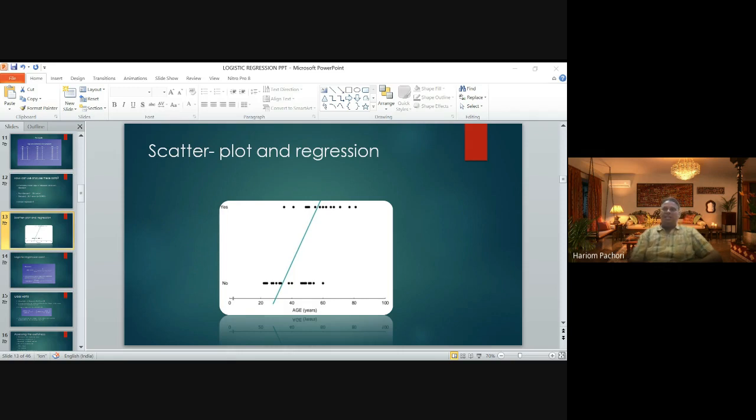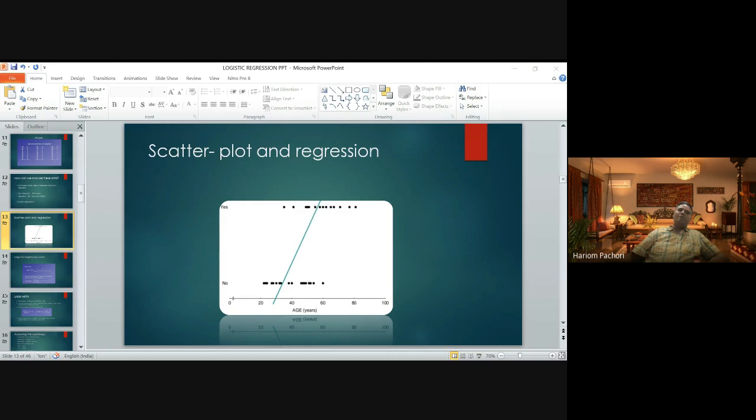And like e to the power beta naught, beta 1 x1, this is similar to the linear equation. But here the function is different. Unstandardized logistic regression coefficient is similar to betas in linear regression. So here in the logistic regression, we are not using the betas. Here we are using the odds ratio.